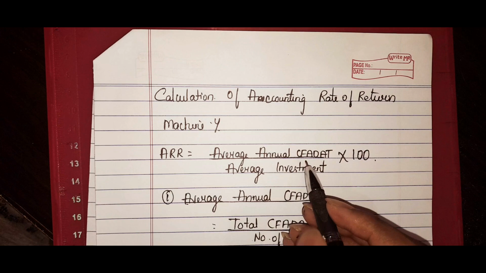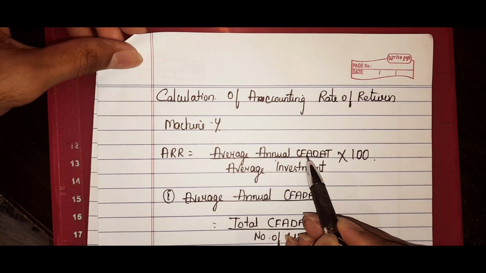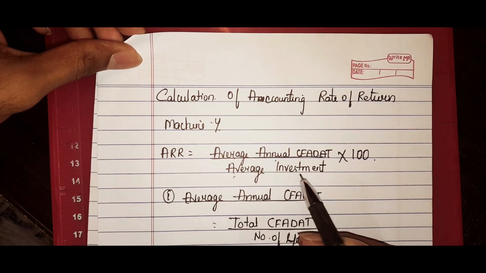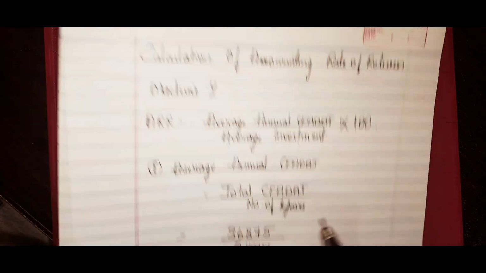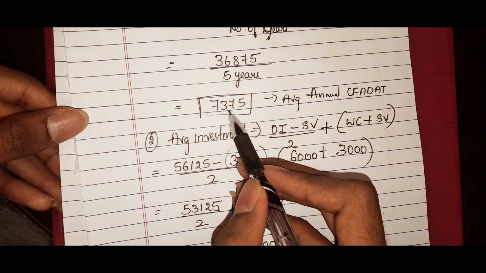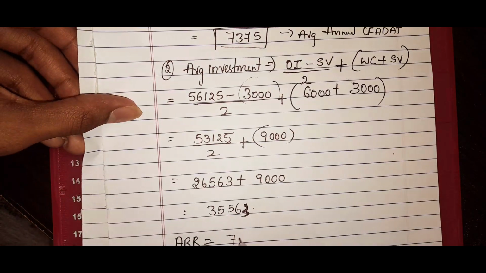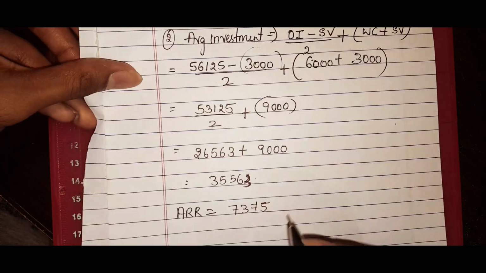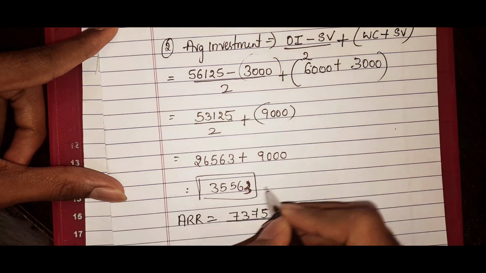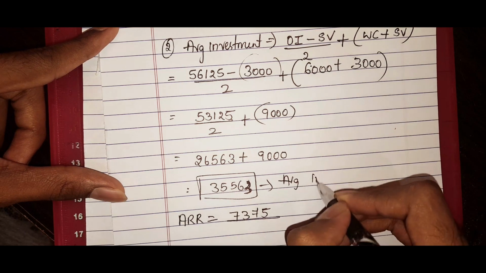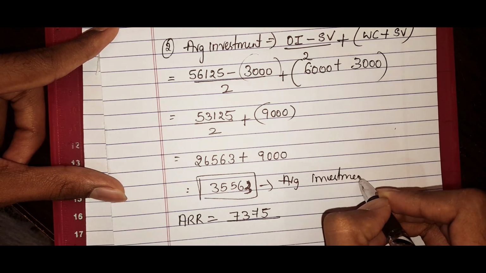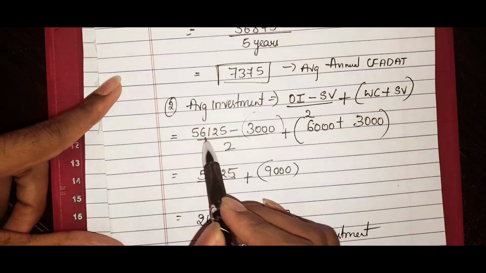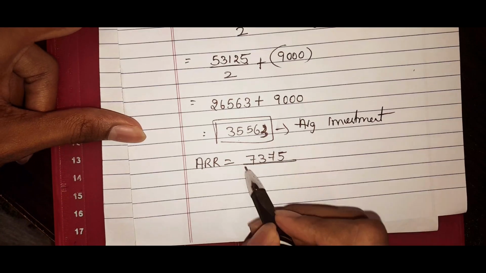So what is the formula to calculate ARR? Average annual CFADAT divided by average investment into 100. So average annual CFADAT is 7,375 divided by the average investment. How much is the average investment?